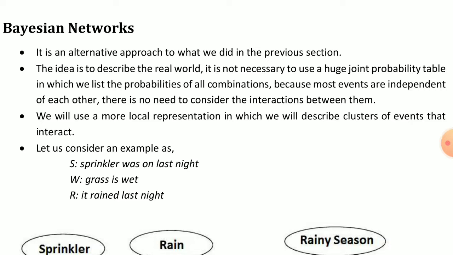So here we can use the alternative in the Bayesian network. Now the idea is to describe the real world.